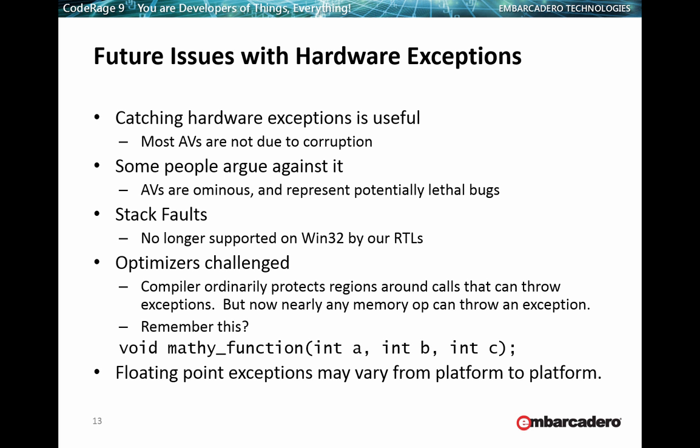And so you may be hearing more from us on what you want supported and what you want to give up, either on the side of hardware exceptions or on the side of optimizations for these various platforms going forward. Next slide.